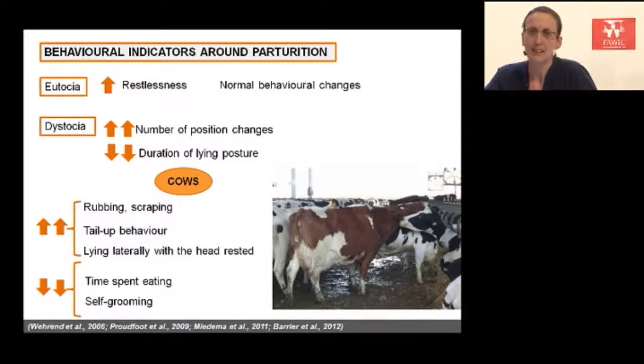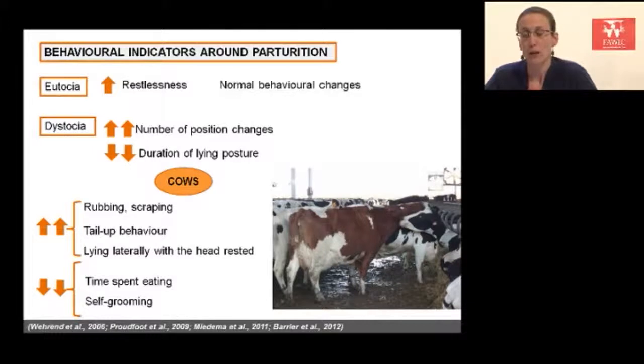Despite this, in cows and sows, the major part of studies describe that dystocia, or difficult parturitions, present a dramatic increase, more than normal, in the number of position changes, and a lower duration of lying posture, and that may be indicative of dystocia.